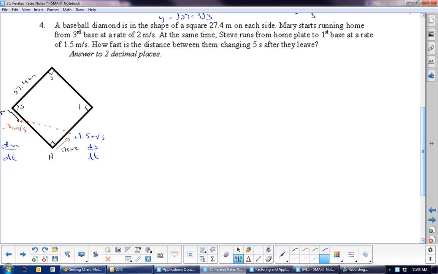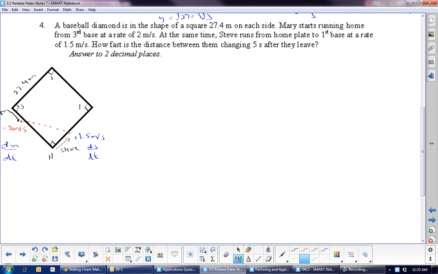Do you see that we're calling this a -2 because this is the triangle we're going to be looking at. Mary's always going to be outside. Her rate is outside, but do you see how this side will be shrinking, getting smaller? And this side, as Steve moves, will be getting larger at 1.5. That's where the negative comes in. So that's pretty important to be able to see.